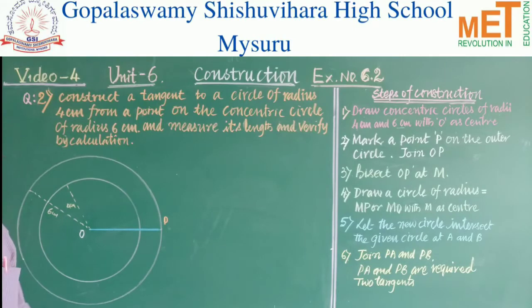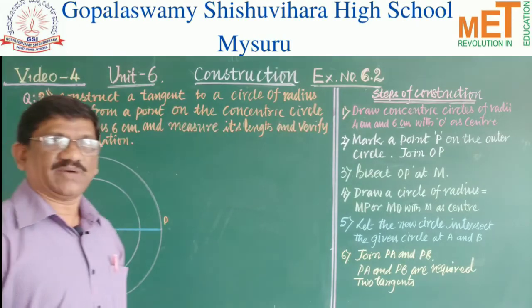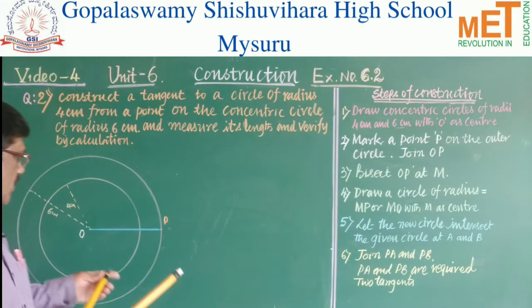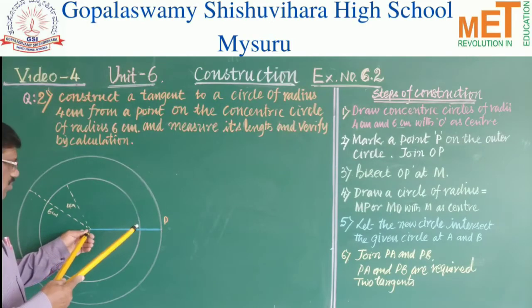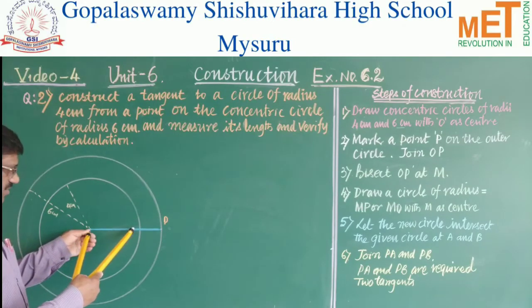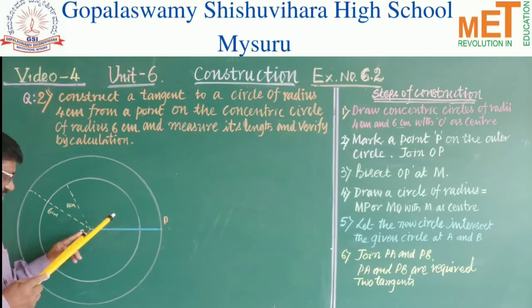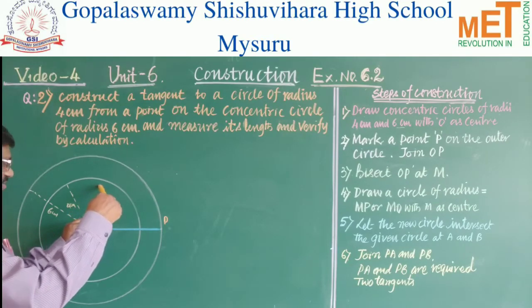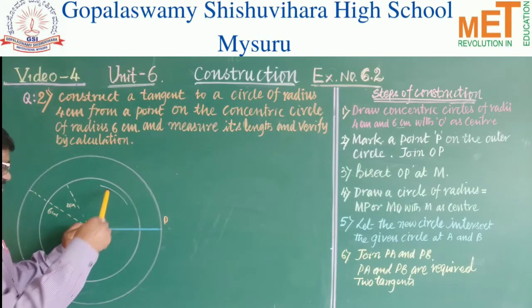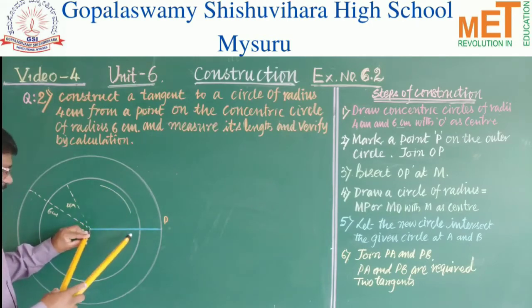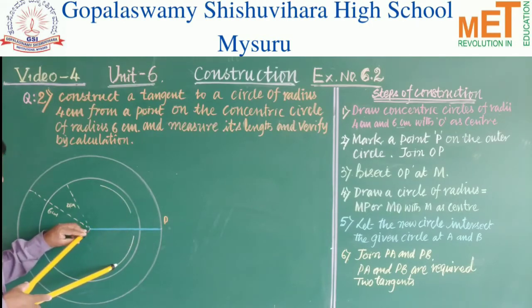You know that bisect means it is nothing but the perpendicular bisector. So for that you have to take more than half of the line segment OP. Taking more than half of the line segment OP, with O as a center, first draw arcs above OP and below OP.